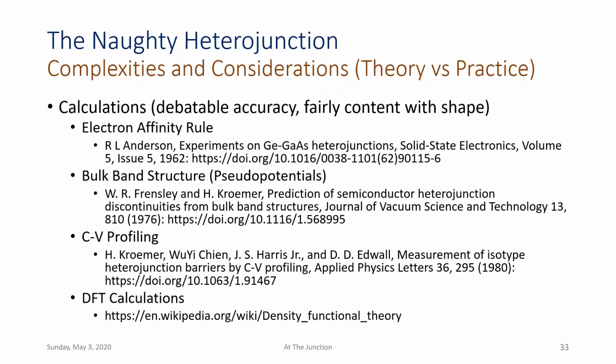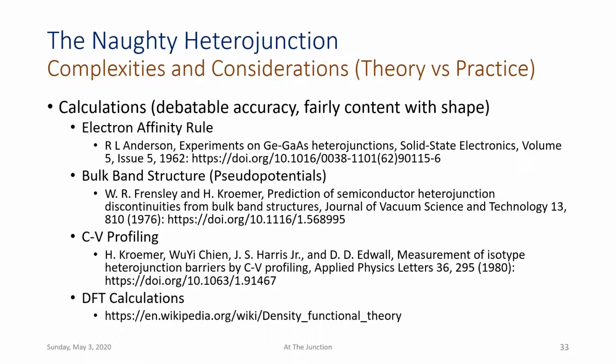One of these methods is the electron affinity rule introduced by Anderson in 1962, which essentially states that the difference in the conduction bands of the two materials is conserved in the heterojunction. And the same is true for the difference in the valence bands.